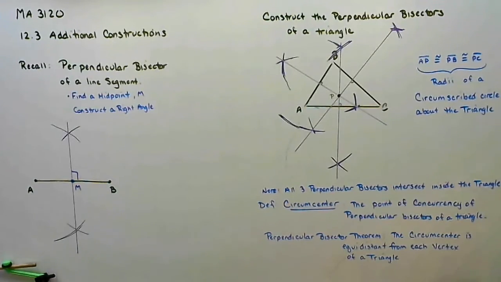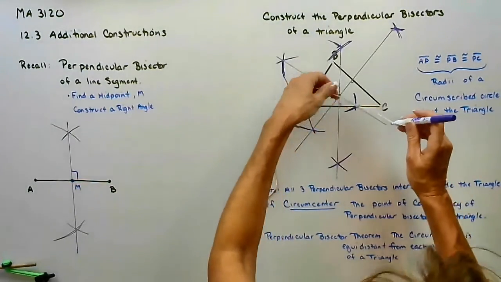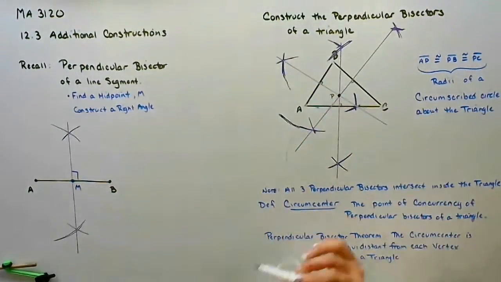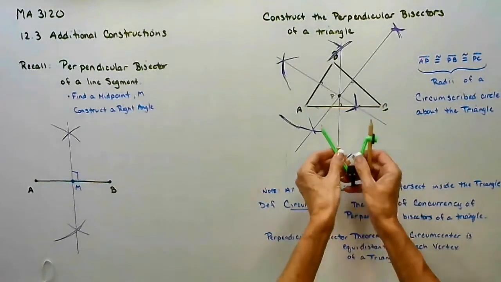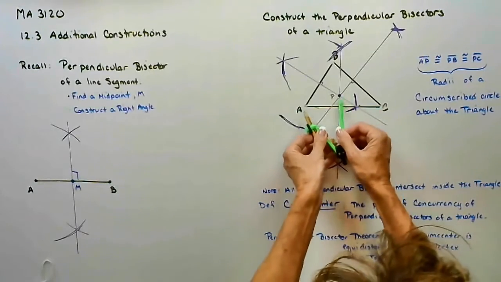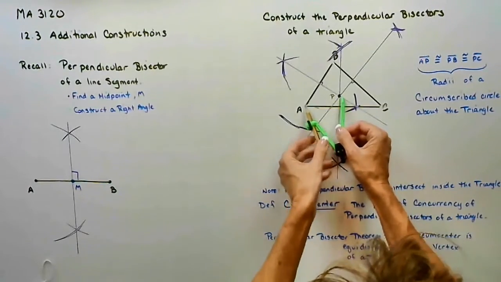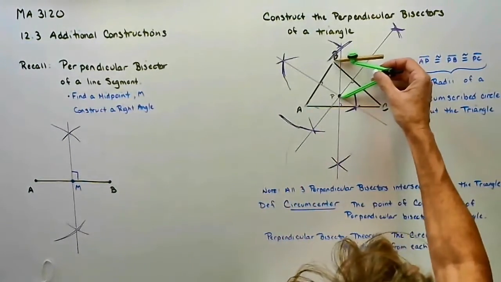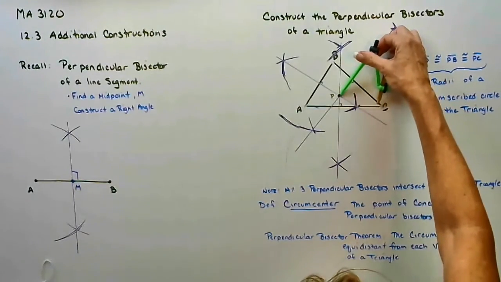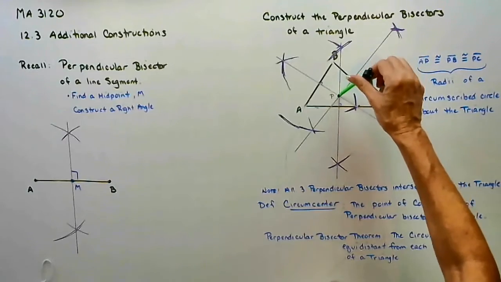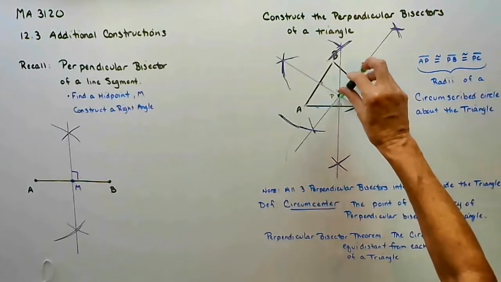So since all these distances are the same, since P to A is the same as P to B, which is the same as P to C, that means those are all the radii of a circle.